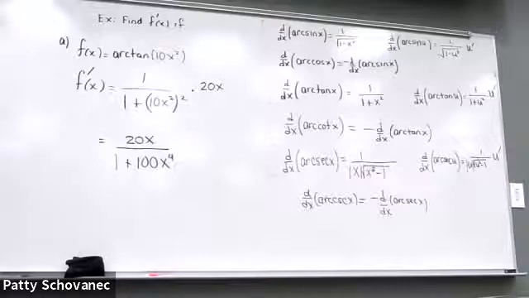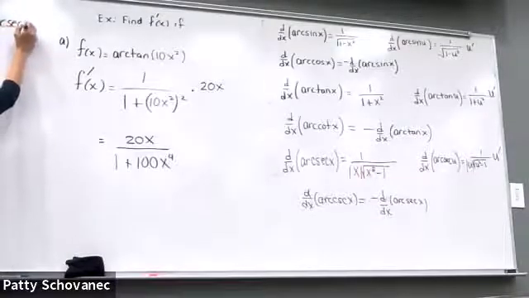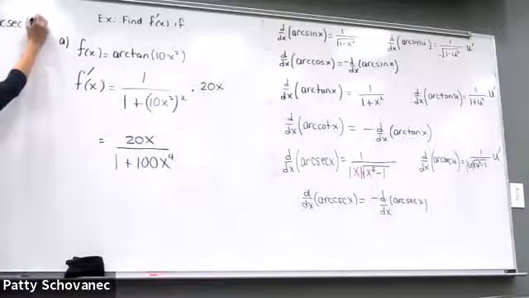Okay. Find the derivative of f of x equals 6 times the arc secant of e to the 2x.